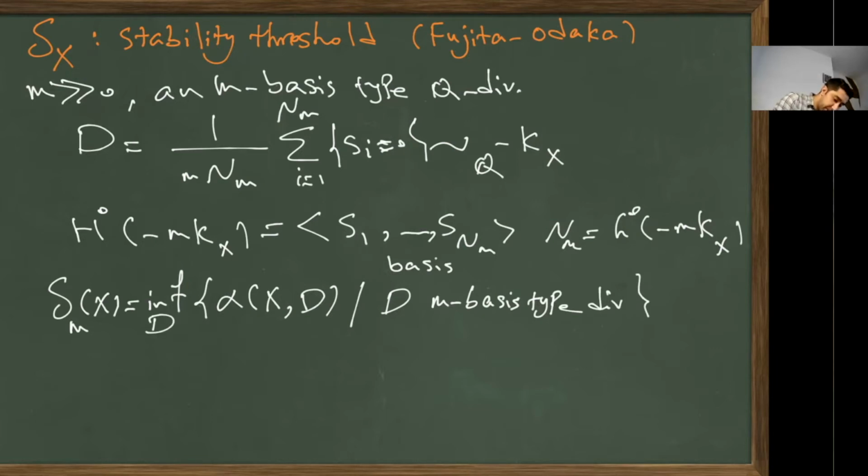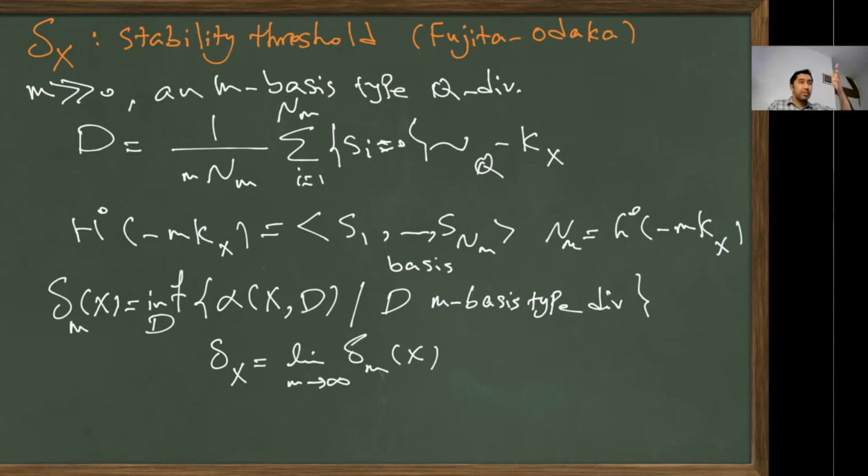So this infimum runs over your choice of divisor. You have to calculate it for all such divisors, for each m. And then finally, delta X is defined to be the limit of delta_m as m goes to infinity.